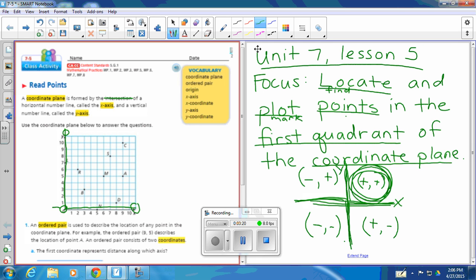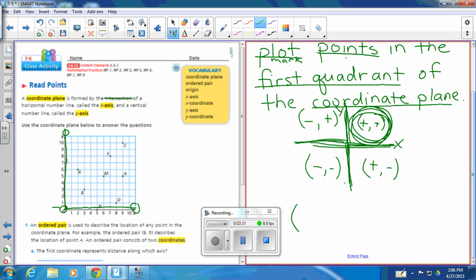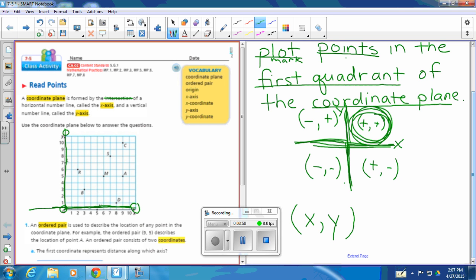Okay. So what we're going to look at today is ordered pairs. And an ordered pair has parentheses, just like this. And we always start with the x number first and the y number second. So you can remember that just because that's the way it happens in the alphabet too. X comes right before y, x, y, z. So x is first, y is second. So we always find the x first, which is the horizontal line.